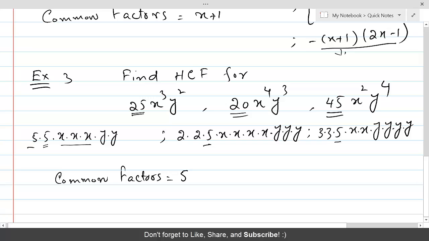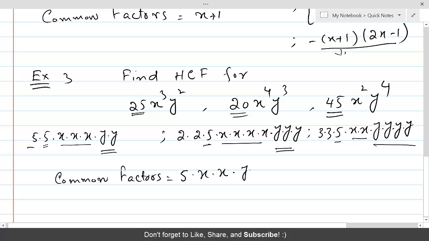And x is 3 times here, x is 4 times here, x is 2 times here. So definitely x is 2 times common. The lowest number of times x can occur is 2, so x times x, and the lowest number of times y can occur in each polynomial is 2 here, 3 here, and 4 here.